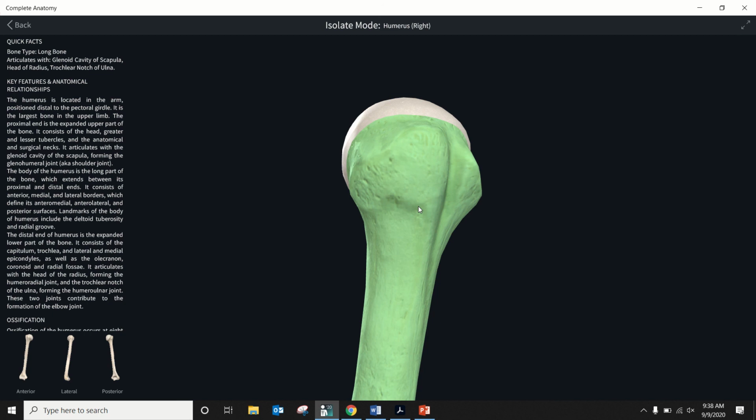So supraspinatus, infraspinatus, and teres minor all insert there. So that's a pretty important landmark. So that's the greater tubercle. Again, most of that lateral portion of the proximal humerus, that's your greater tubercle.